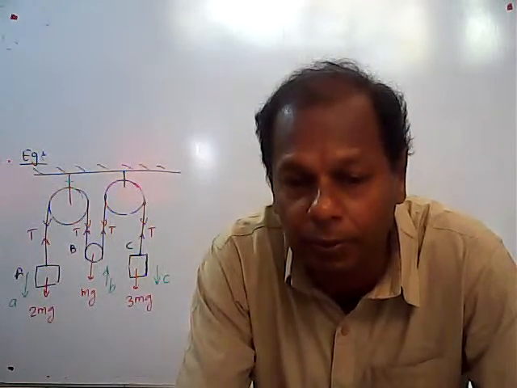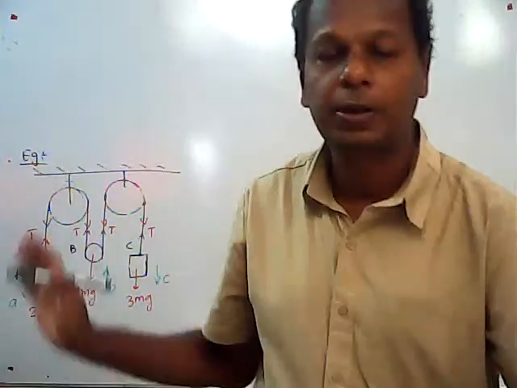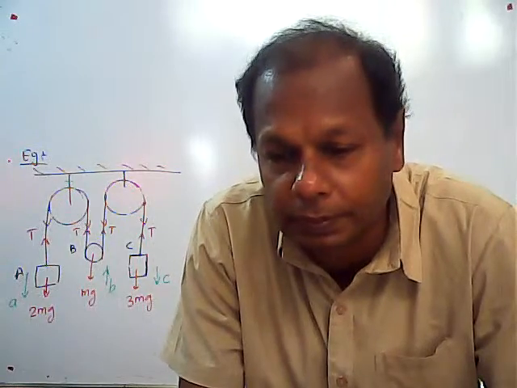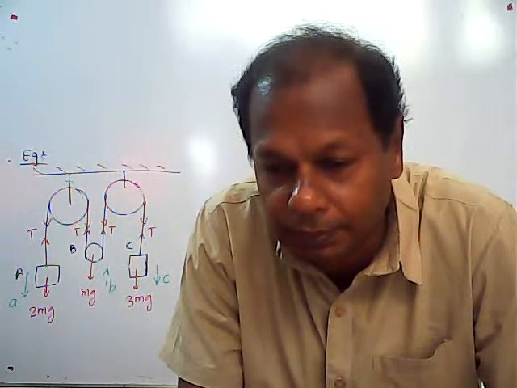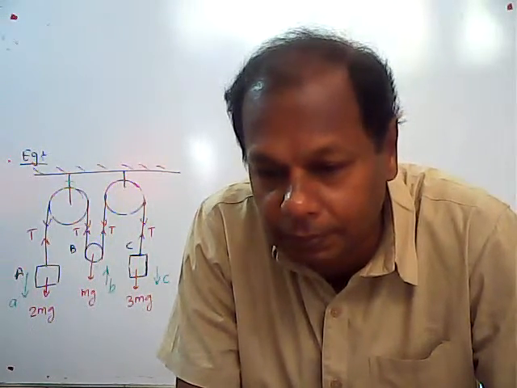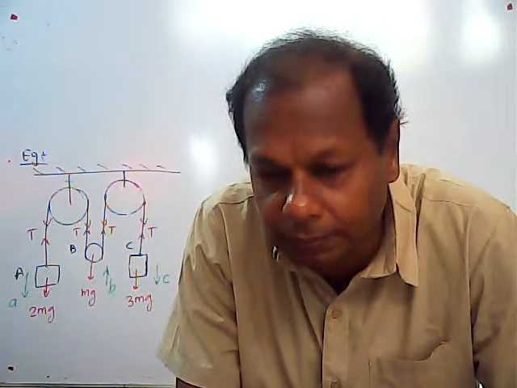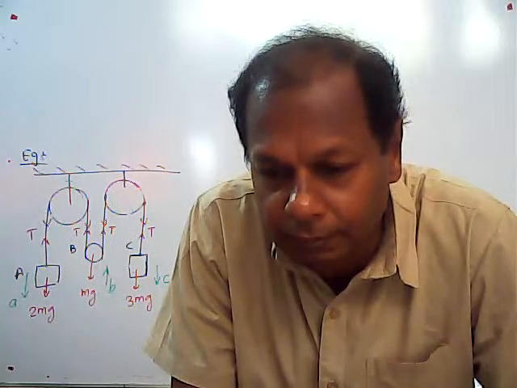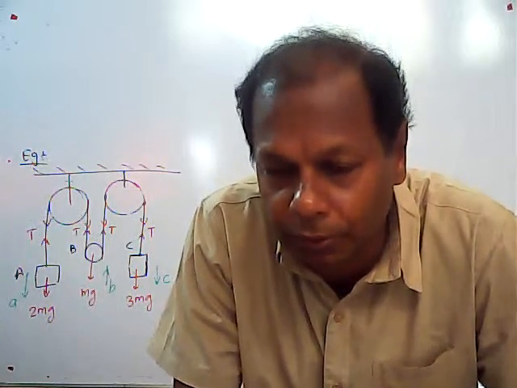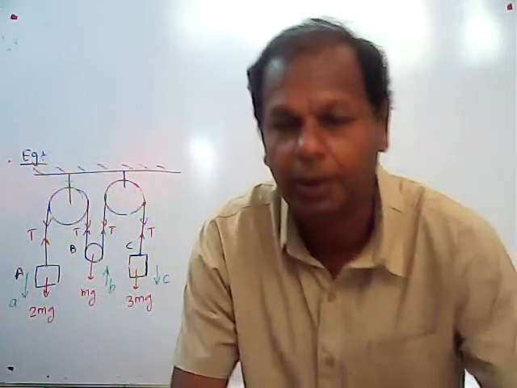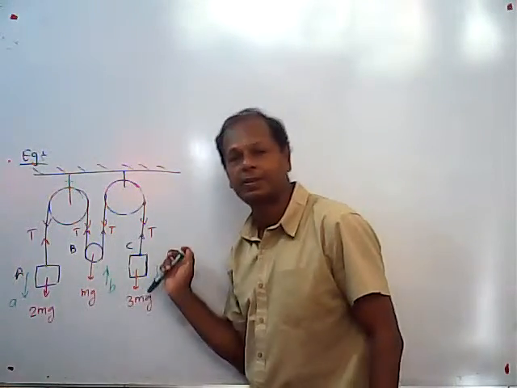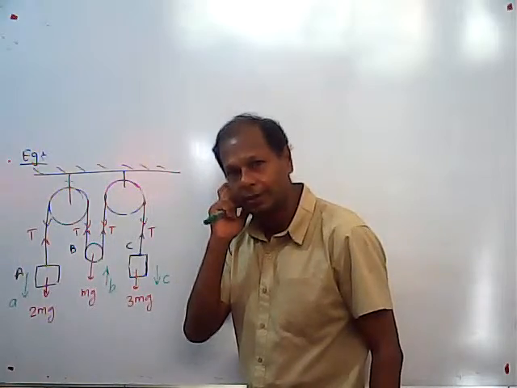How many unknowns are there in this diagram now? Yes, there are four: the accelerations A, B, C and the tension T.